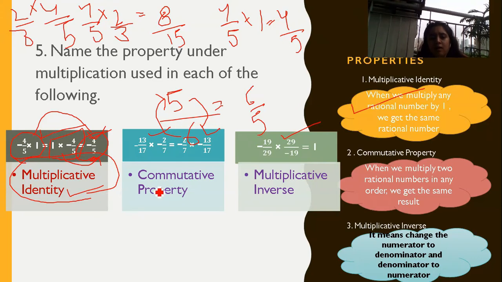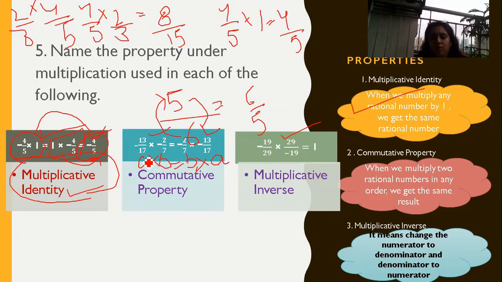So our second part is minus 13 upon 7 multiplied by minus 2 upon 7. Suppose A is minus 13 upon 7, and that is B. What they have done is they have shown a multiplied by b equals b multiplied by a, where b is minus 2 upon 7 and a is minus 13 upon 7. We have just assumed this.